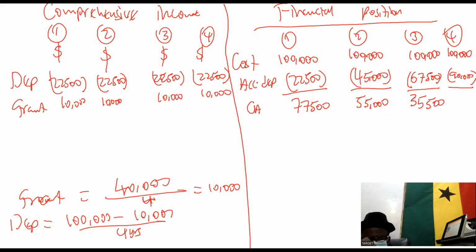Is it correct? 35,500 or 32? Okay, so 32,500. The last year is 10,000. Now we are done with the first half. Let me go to the second half.